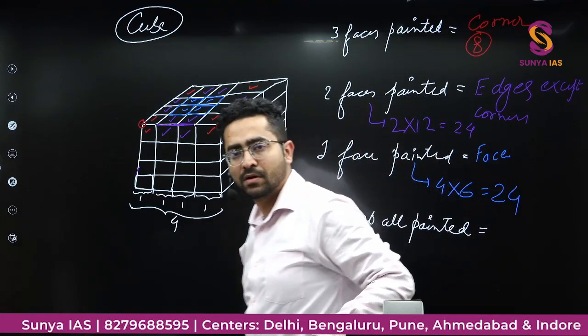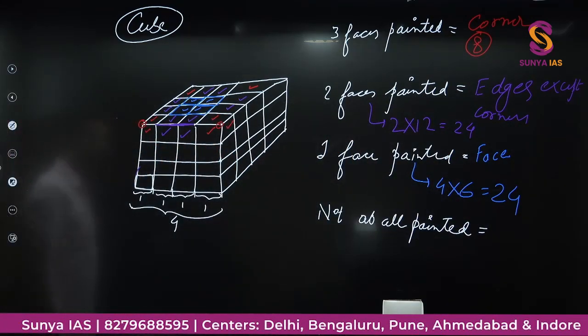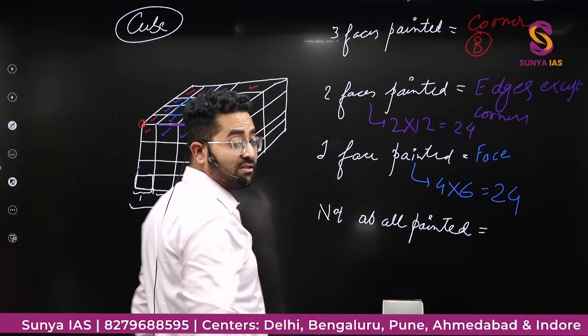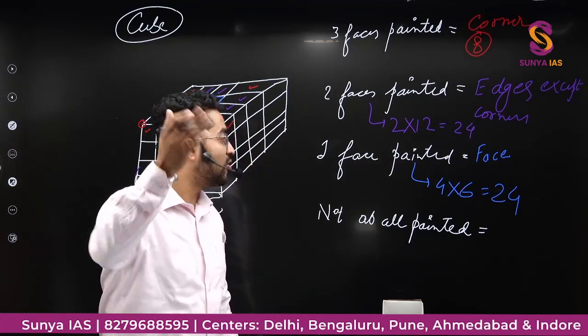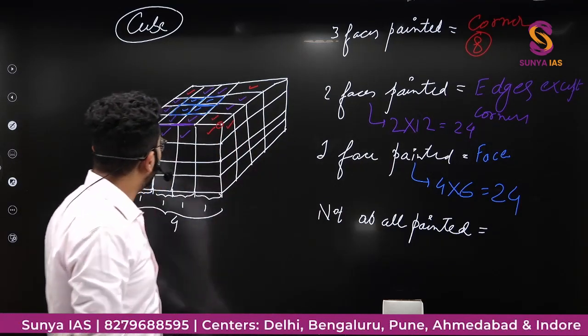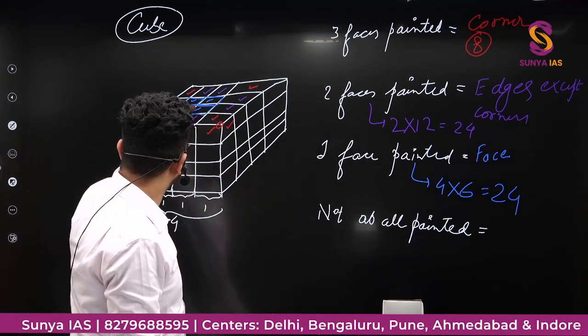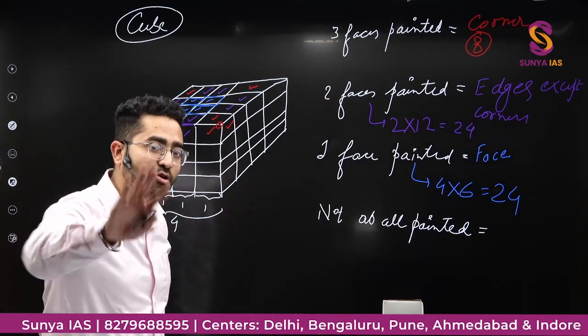Now we want to find the cubes which are not at all painted. Actually such cubes are those which are underneath this. There would be one cube behind this which is not at all painted.